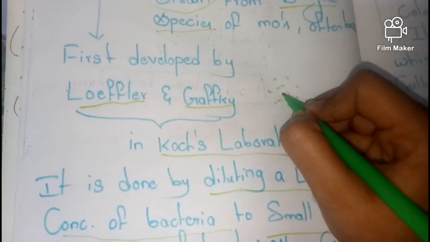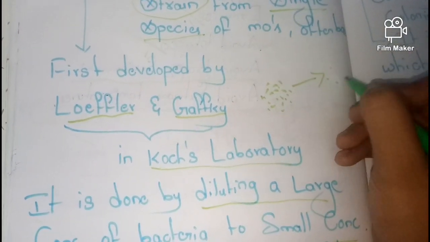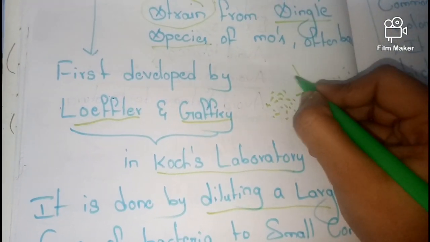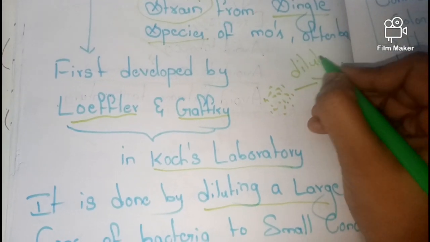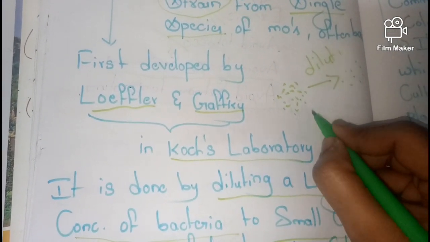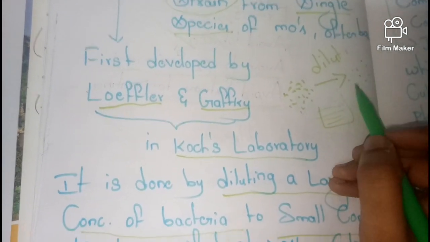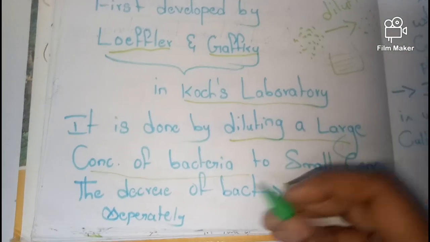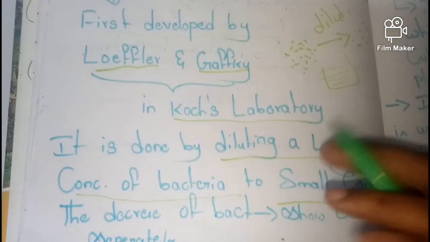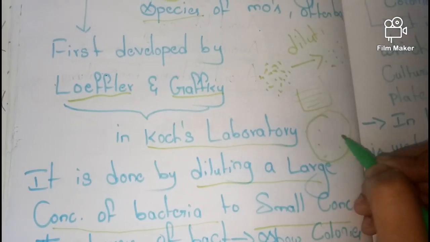The higher concentration of bacteria is mixed with water to get a lower concentration through the dilution process. Because of this decrease in bacteria, the colonies show up very separately on the plate.